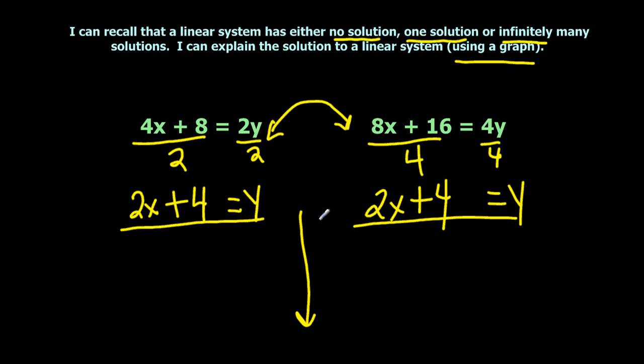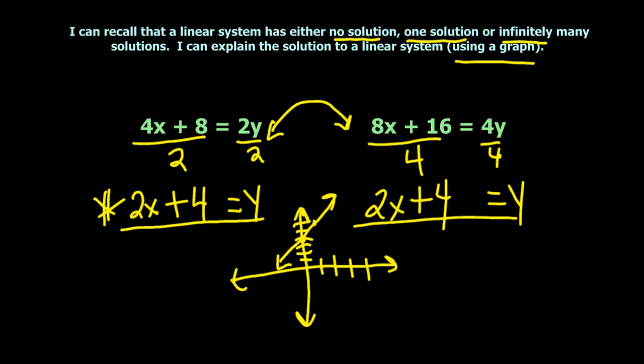So if I think about that on a graph, what it means is that I'm going to have a y-intercept here of 4, right there. And then I'm going to rise 2, run 1. This is my 1 right here. And there's the graph of this line.